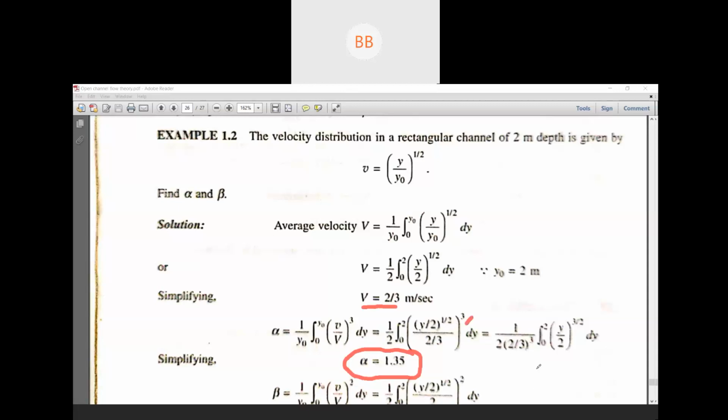Then you do the integration, you bring all the constant terms out and you integrate the y, and I'm sure you are going to get this answer, 1.35.